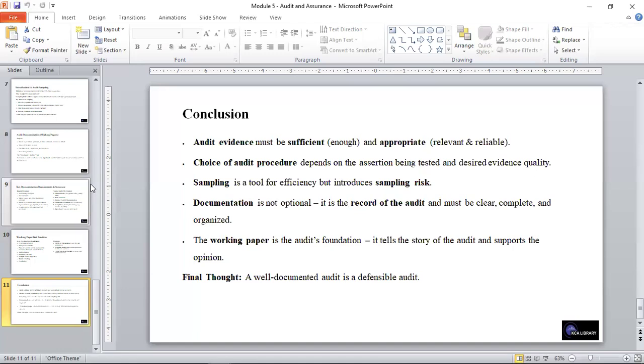The working paper is the audit foundation, and it tells the story of the audit and supports the opinion. On a final note, a well-documented audit is a defensible audit. Thank you.